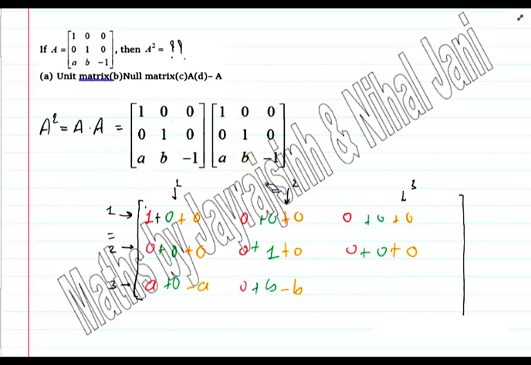The last element will be obtained from multiplying third row and third column. 0 plus 0 and plus minus 1 into minus 1 will be 1, right?